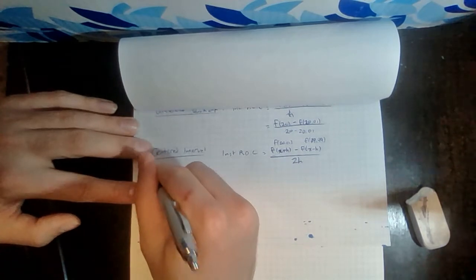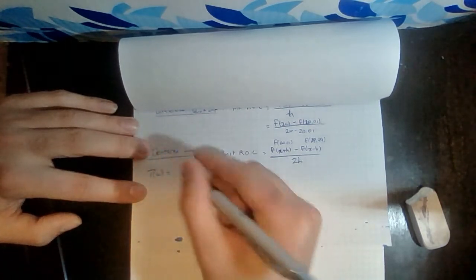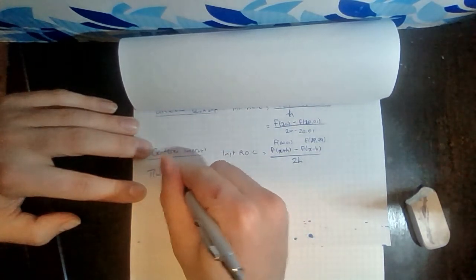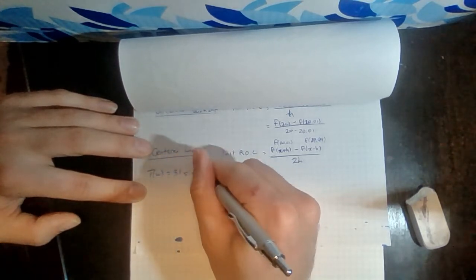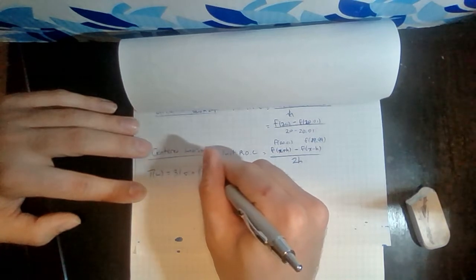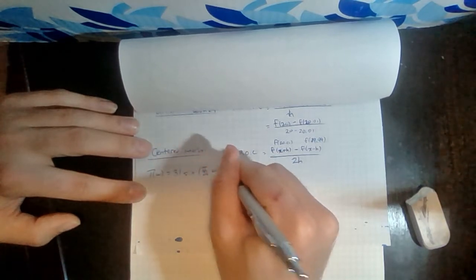So if we were actually going to find this value, they give us that the equation for this example is 31 sine pi over 26 w plus 42.